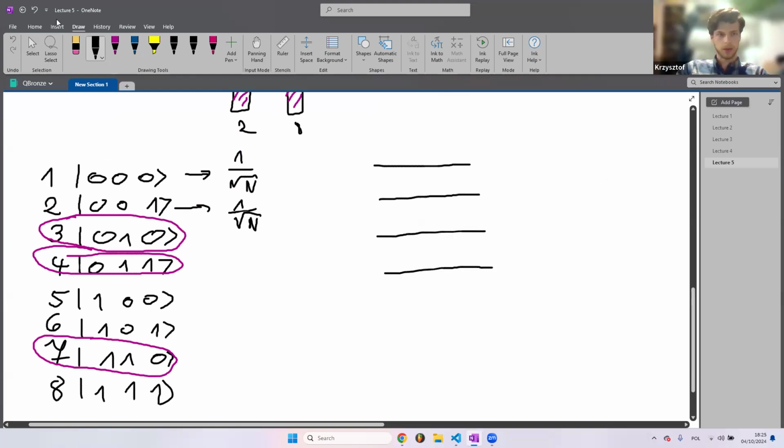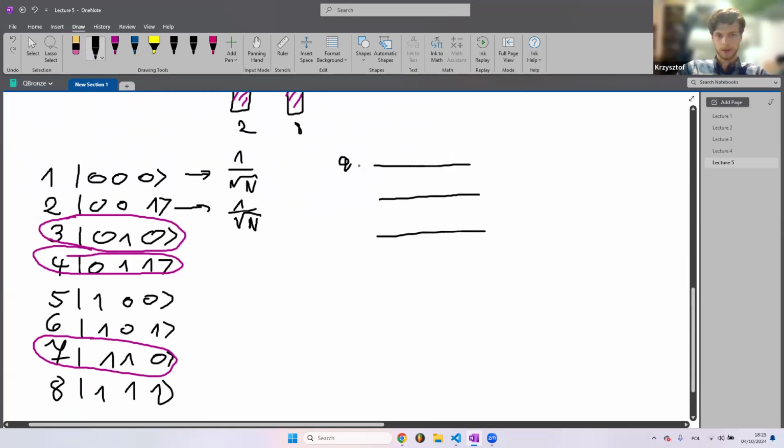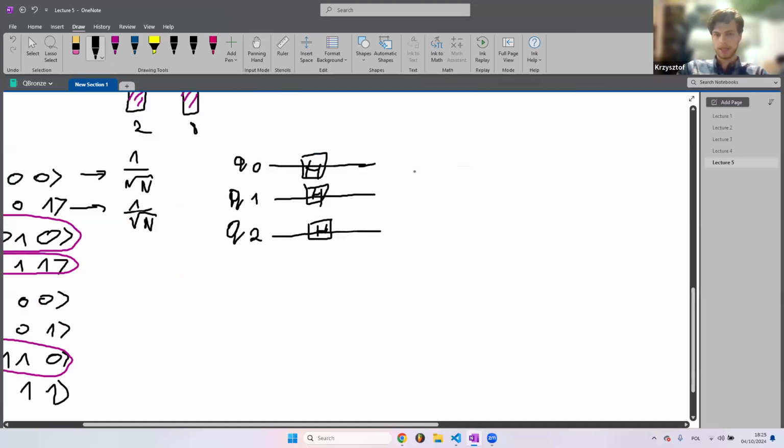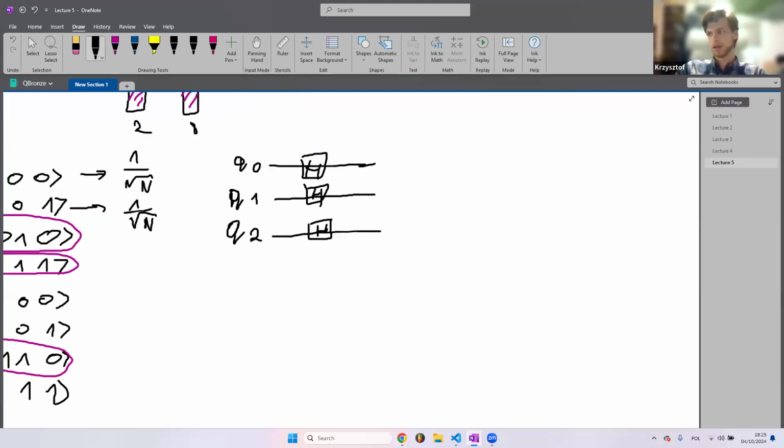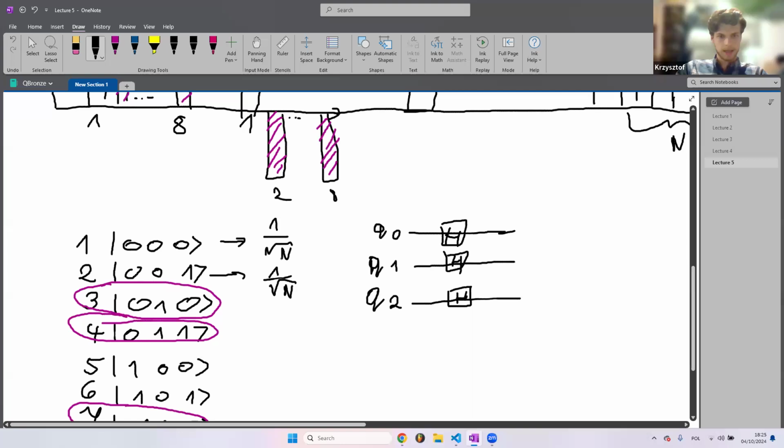Actually we have 3 qubits. We can apply a Hadamard gate to each qubit. And after this operation, hopefully we should see that all of the amplitudes are the same and are 1 over square root of n. In this case, n is equal to 8.